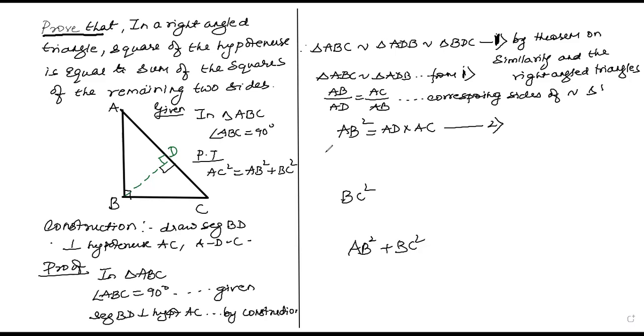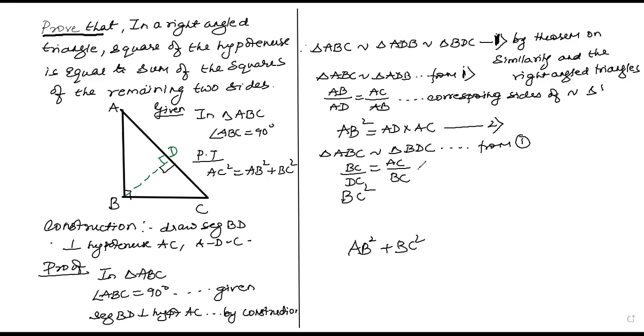So I'll take triangle ABC once again to get BC square. Triangle ABC is similar to triangle BDC. Reason from 1, okay? Again, once the triangles are similar, corresponding sides are in proportion. BC upon DC is equal to AC upon BC.